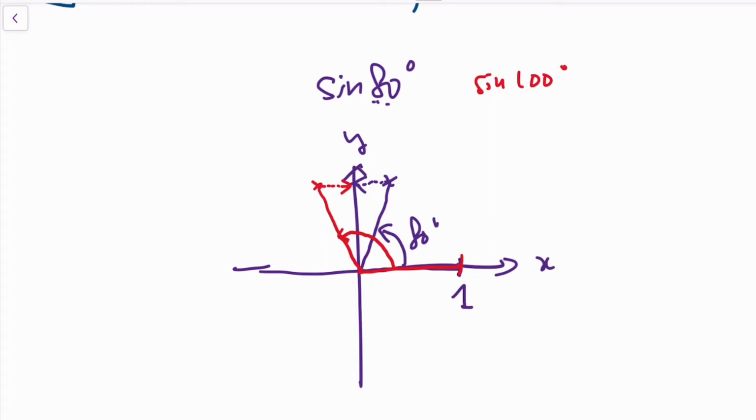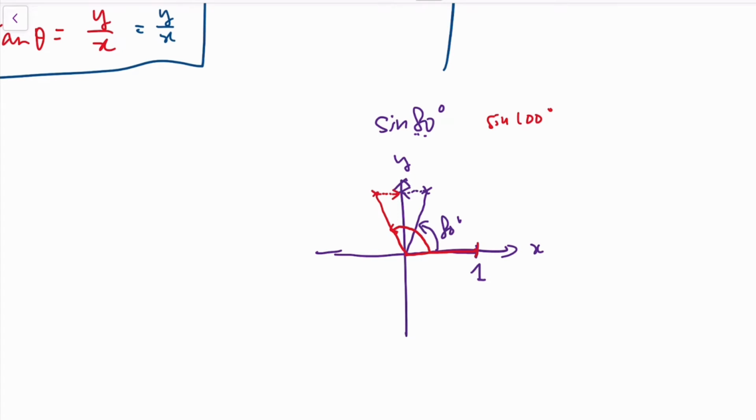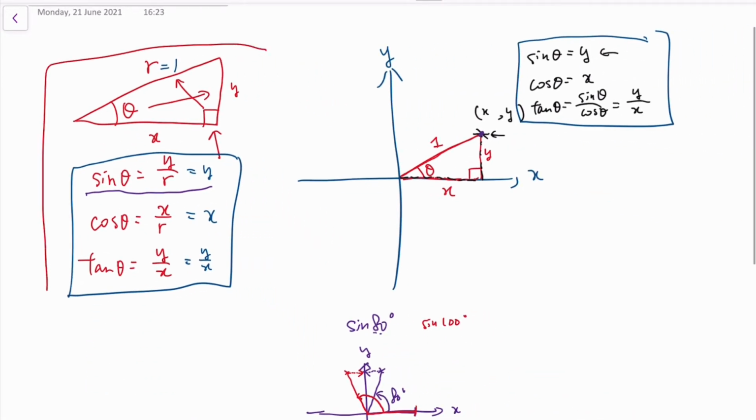Now, but it's more than that. The fact is, if we already know the value of sine 80, which conceptually we kind of do, because we have done this for years, so we sort of know the value of sine 80. You can imagine that we can actually draw a triangle of 80 degrees to measure the length and then do a division to find the value of sine 80. Anyhow, let's assume we know the value of sine 80.